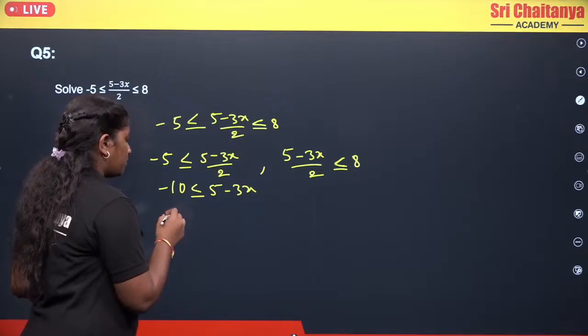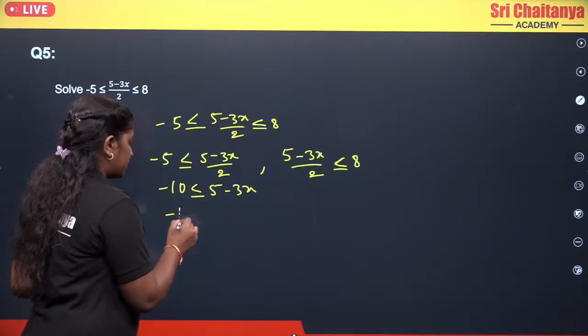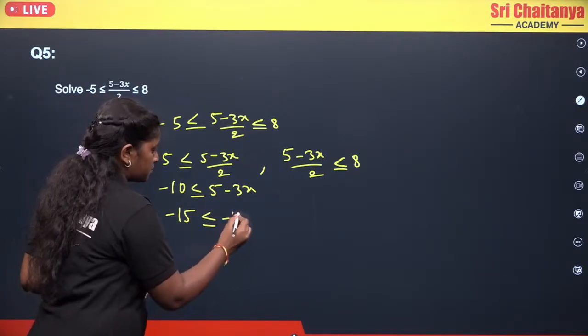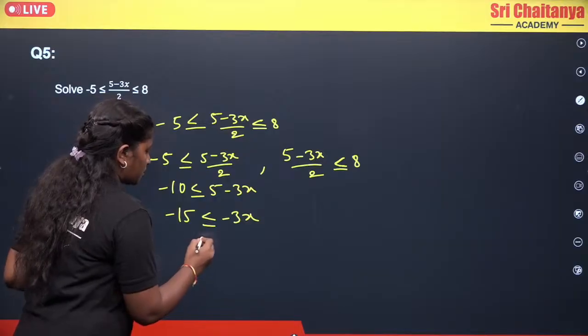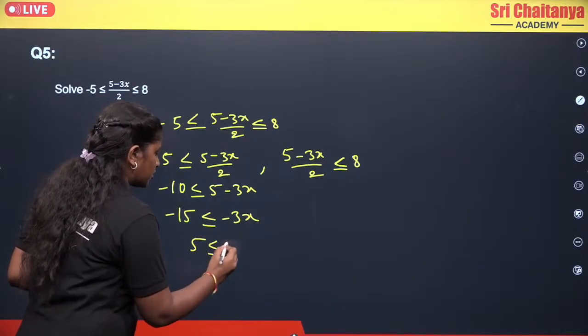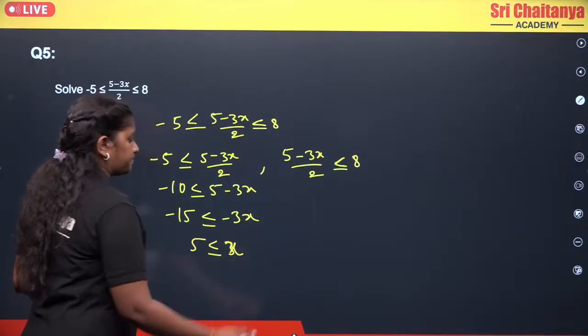To eliminate the 5, we get minus 15 less than or equal to minus 3x, so 5 less than or equal to x.